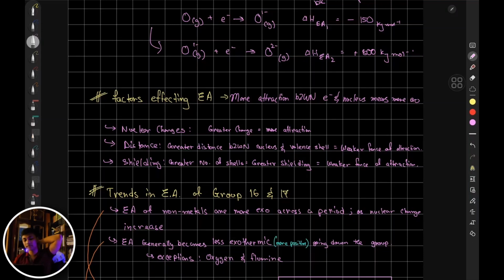This third factor is shielding. It's similar to the second factor, but it talks about the middle electrons or the middle shells, the first shell, the second quantum shell. So it's talking about shielding the repulsive forces caused by the first shell electrons and the second shell electrons. So they're going to push the electron away and not let it enter the valence shell and form an ion. Why?